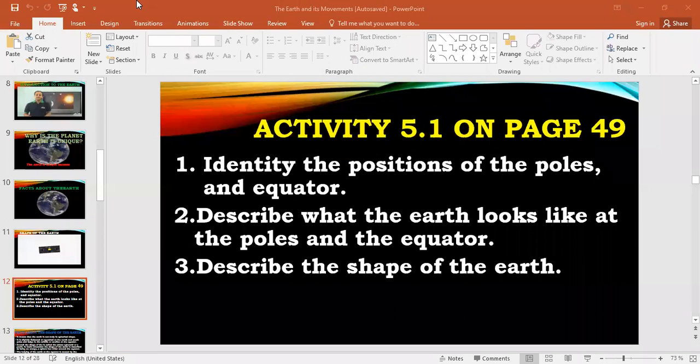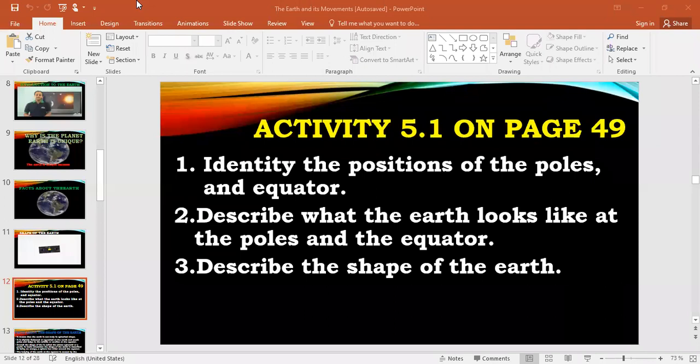When you look at this orange here, it is not round. So the earth is like this orange. On top here, we have the northern pole, then here we have the southern pole. Then here, this is where we have the equator.